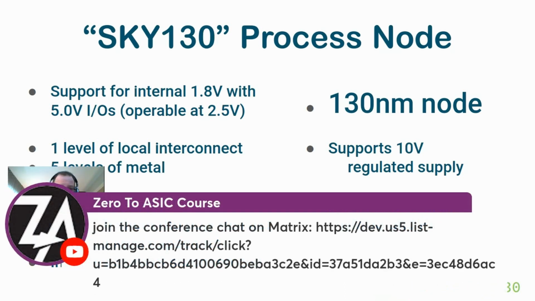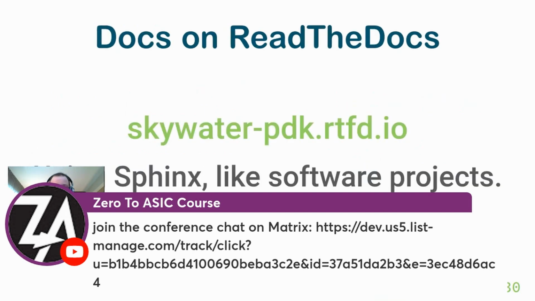And as part of that, we were also able to take the documentation that's normally delivered as giant PDFs and publish it as searchable, readable HTML documentation that just anybody can look at.